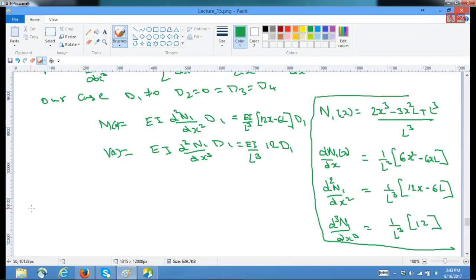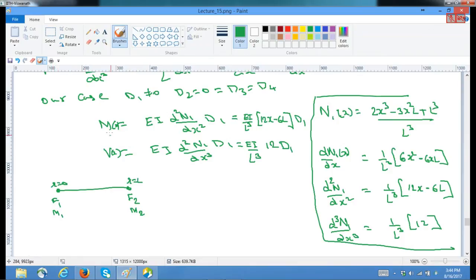Now let me evaluate. The shear force at this place is my F1. The bending moment at this place is M1. The shear force at this place is F2, and the bending moment at this place is M2. This is x equals L, and this is x equals 0.